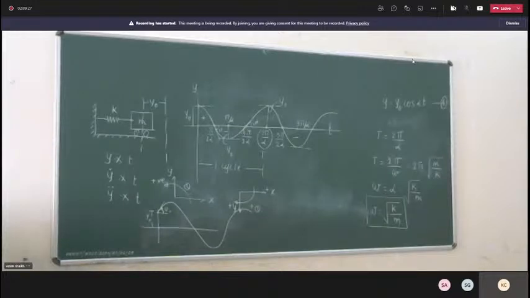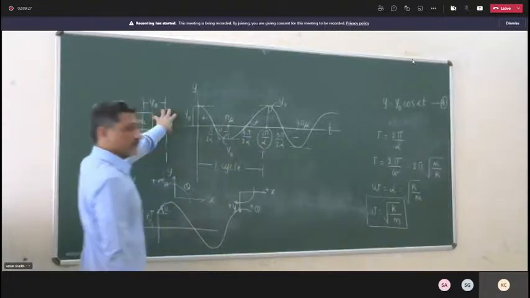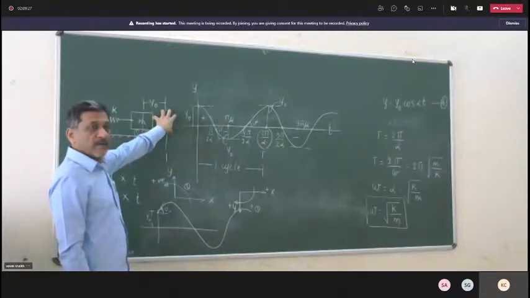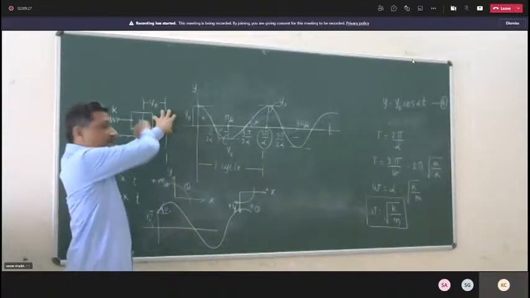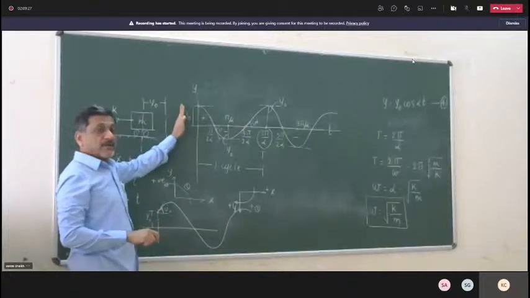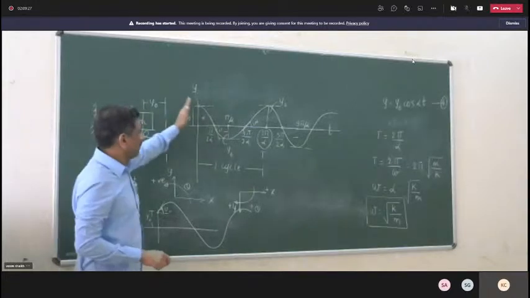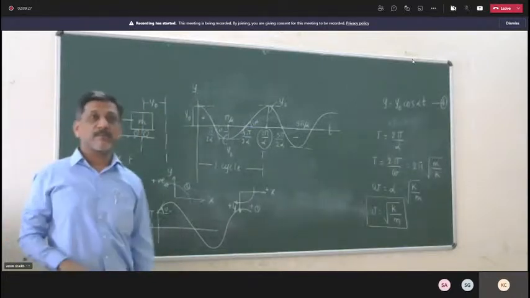If you don't agree mathematically, let us go physically. I have put the mass at y0. And now how are you giving initial velocity? By hammering it. Hammer it. It will go further, no? Then it will vibrate between those points.